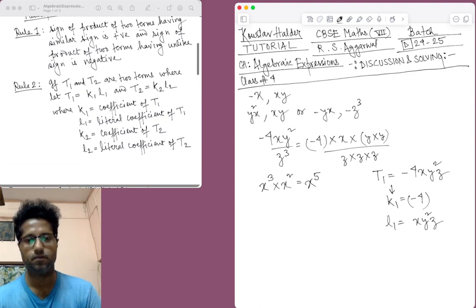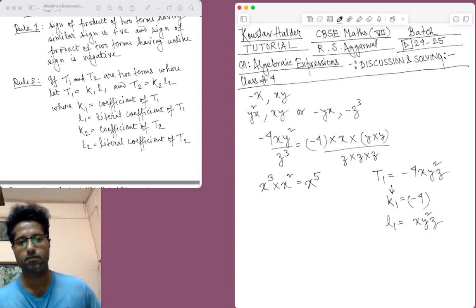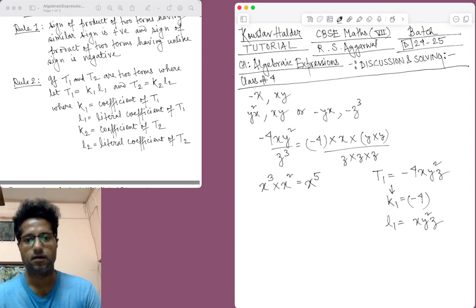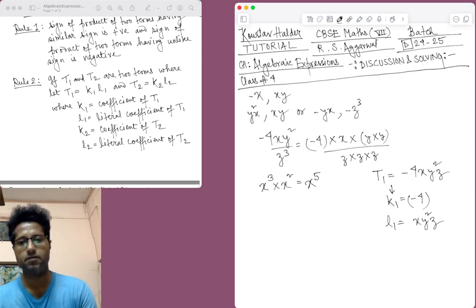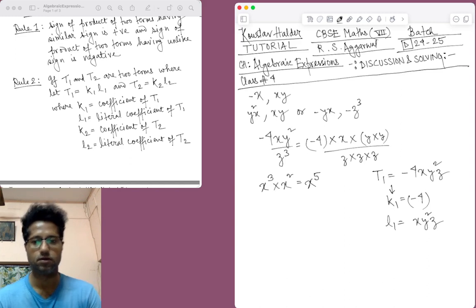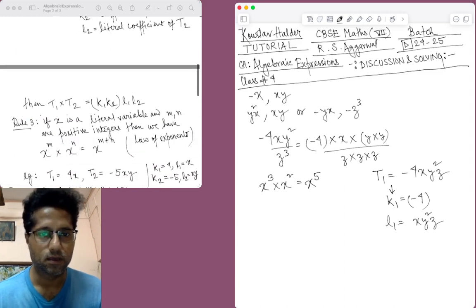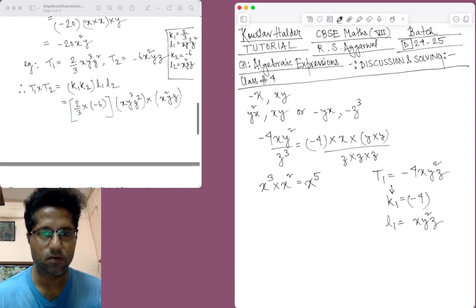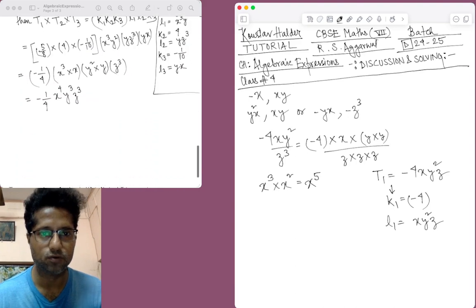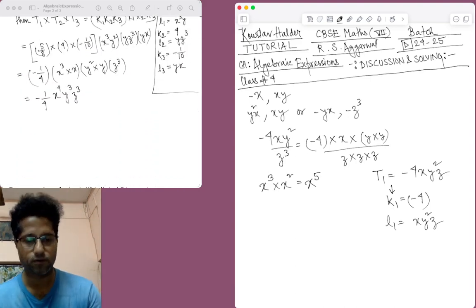And rule 2, whenever you are finding the product of two terms, the coefficient of the product will be the product of the coefficients of the two terms, and the literal coefficient of the product will be the product of the literal coefficients of T1 and T2. Okay, so I think now we are ready to solve some problems.